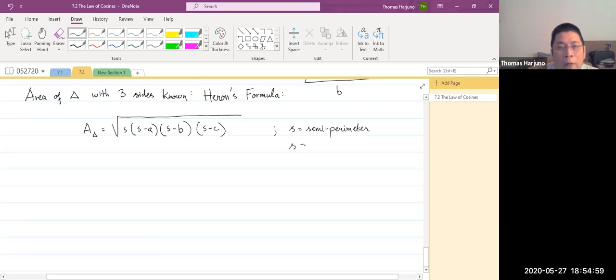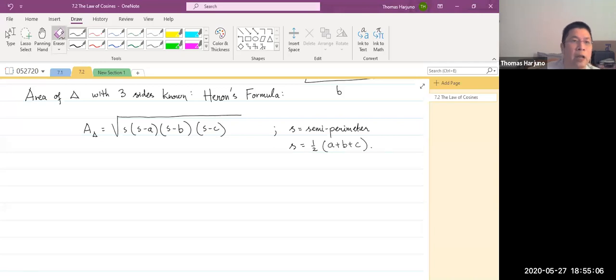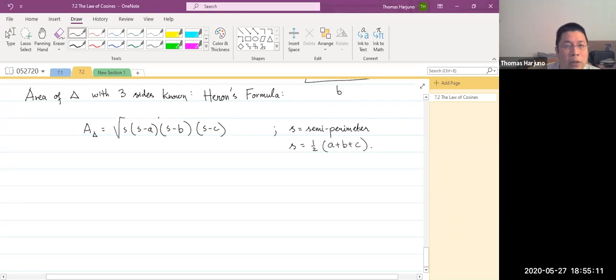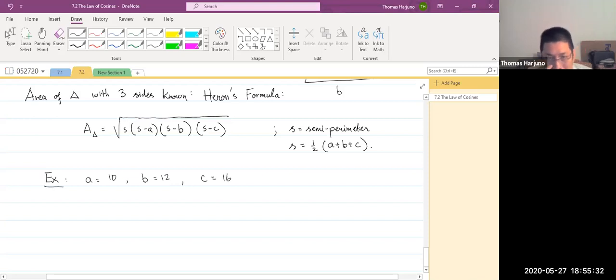It's half of the perimeter, half of A plus B plus C. I know you already learned this in your geometry class, which is the prerequisite for this class. But let's do one example as the closing. Suppose I have a triangle with side A equals 10, side B is 12, and side C is 16. I made up numbers.